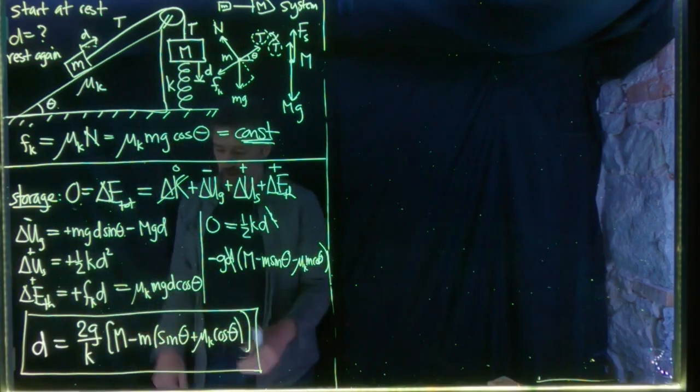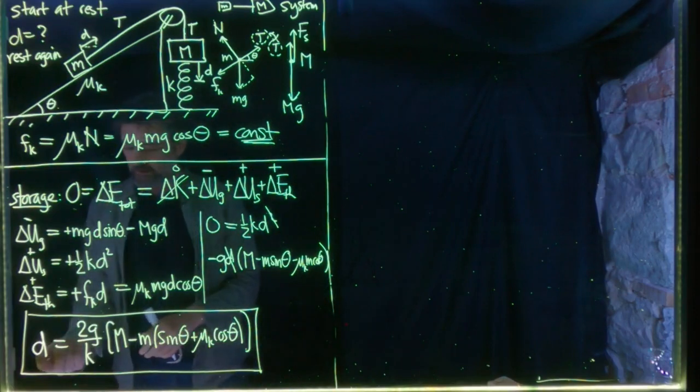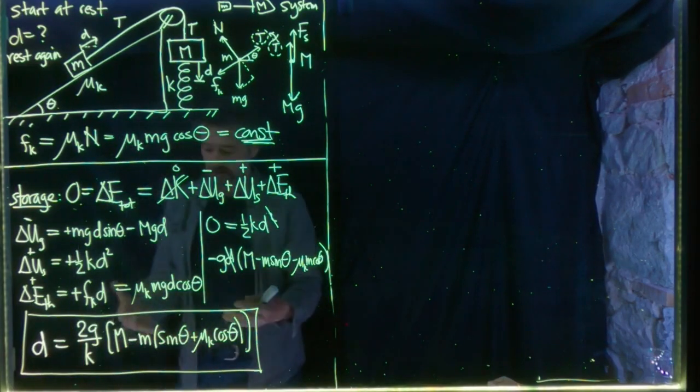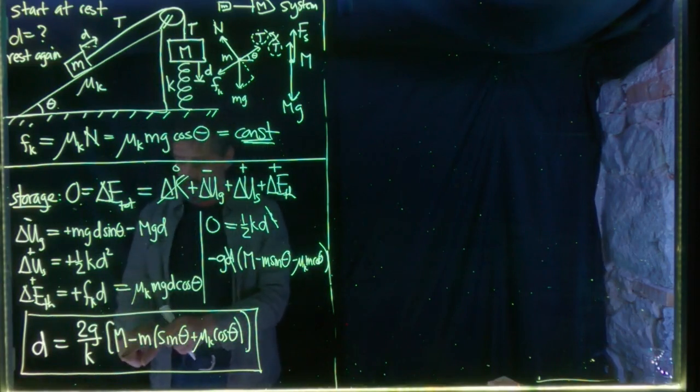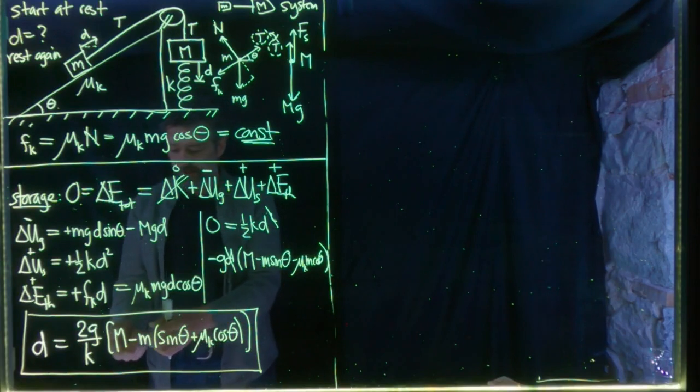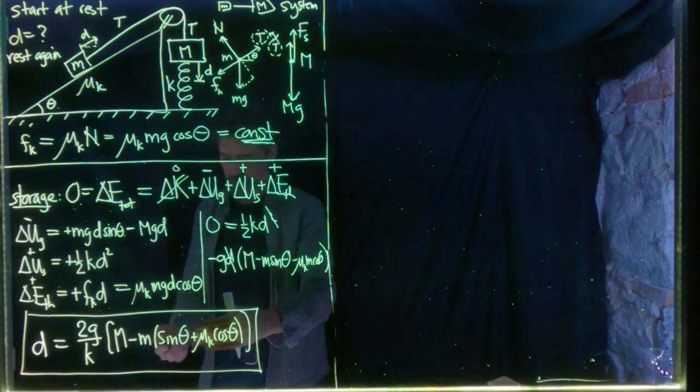Then you look at this thing and you say, well, basically we need D to be positive. Uh-oh, there's a minus sign there. So what that basically requires is that big M needs to be bigger than this stuff. So roughly, big M needs to be bigger than little m sine theta, even if it's frictionless, mu k equals 0.